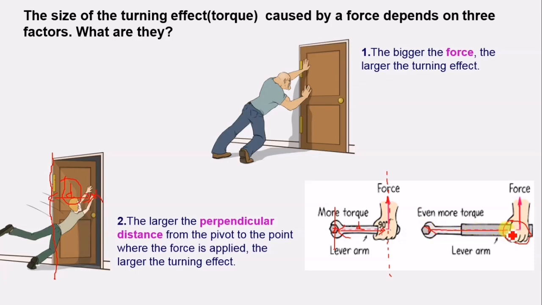So look at the distance now from the pivot to the force, distance D, from the axis of rotation to the line of action of force. Now it's longer, therefore the torque or the turning effect will be more, and it will be easier to unscrew the bolt.